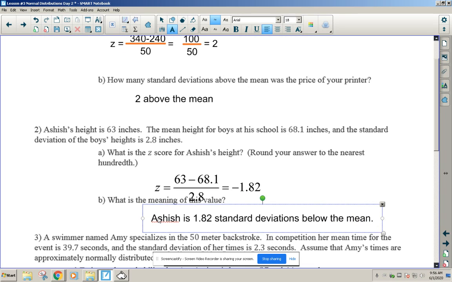That means he's shorter than most of the kids that he's going to school with. So that would be the value. So he is 1.82 standard deviations below the mean. He is shorter than most students he goes to school with.